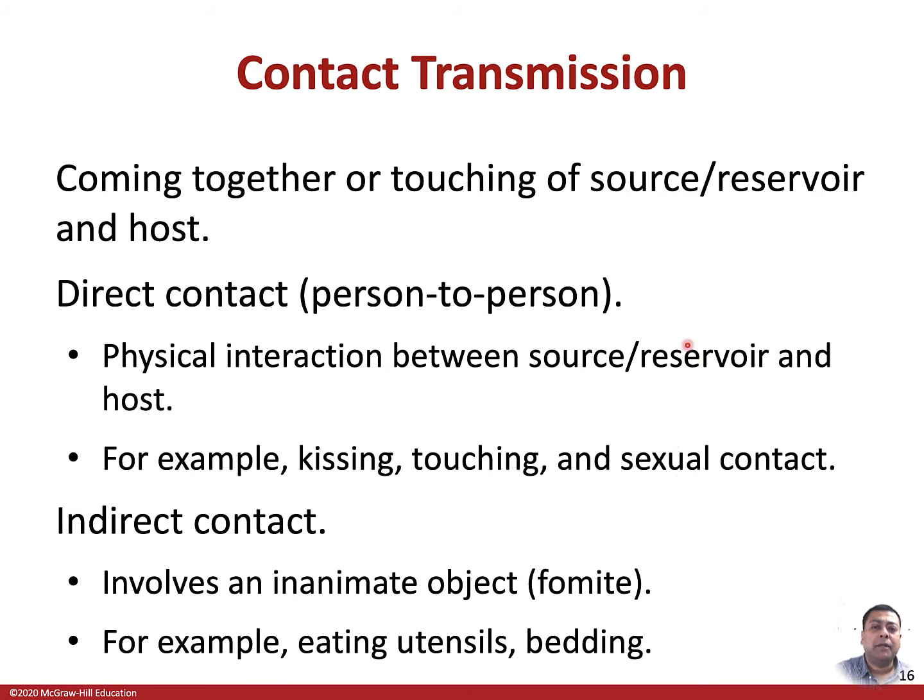As examples of direct contacts, HIV can be transmitted through body fluid. Herpes virus can be transmitted this way, and Staphylococcus also can be transmitted by direct contact. There are also vertical routes from mother to child. For example, syphilis, which is caused by Treponema pallidum, can be transmitted from the mother to the fetus.